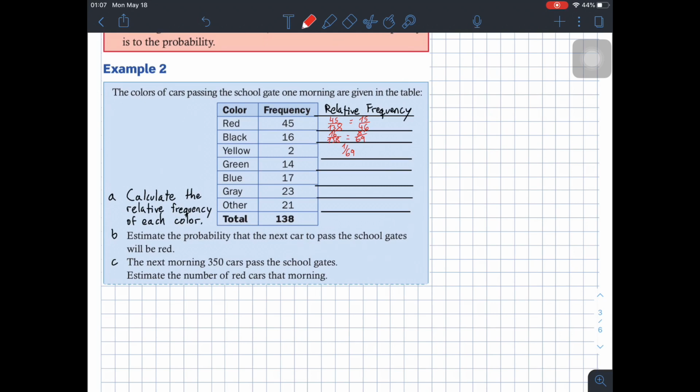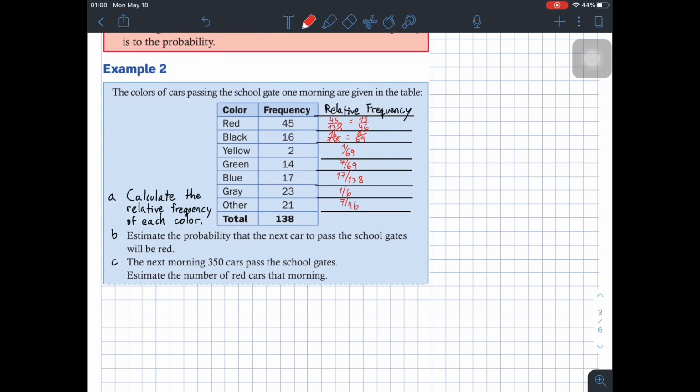Then 14 divided by 138 gives us 7 over 69. 17 divided by 138 is 17 over 138. Then we have 23 divided by 138, which gives us 1 over 6. And finally 21 divided by 138 gives us 7 over 46.